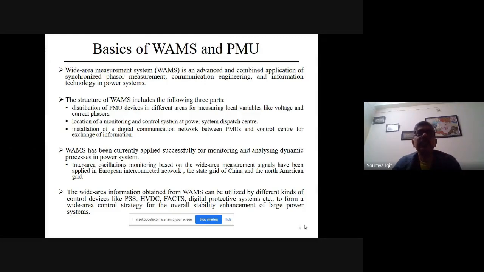And in order to introspect the dynamicity of the total system in presence of SVC and FACTS, how the PMU plays an important role to get the total introspection of the grid. That is the point of interest.